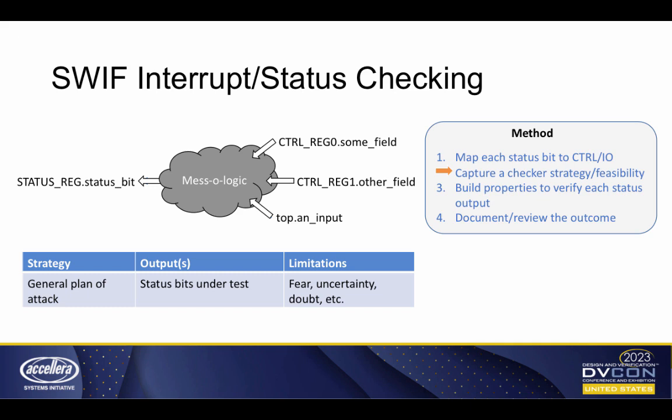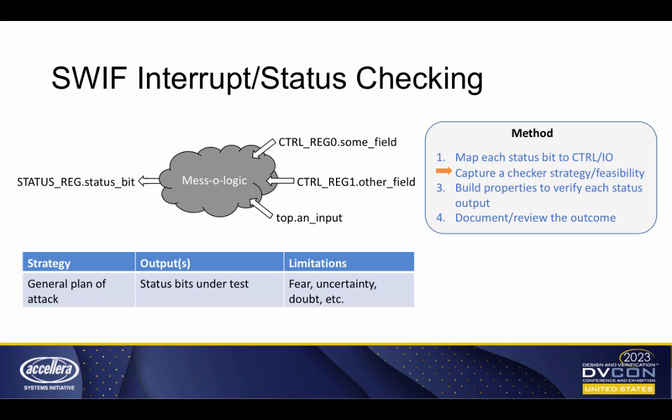Based on that, I have done this by just drawing crude little diagrams. This can be simple or very complicated, but it is important, like I said, to just capture the relationship between the different control registers and I/O and the status bit that you're focused on.